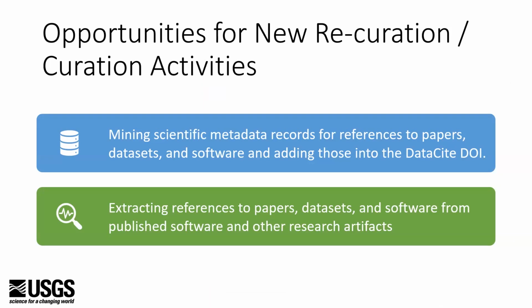So there's a huge opportunity for us to make more connections across research artifacts by developing workflows to extract these links from larger work citations or cross-reference elements of the scientific metadata and include them in DataCite metadata. If you work for a repository that has already incorporated something like this into your workflow, I'd love to hear about your process and how you do that.